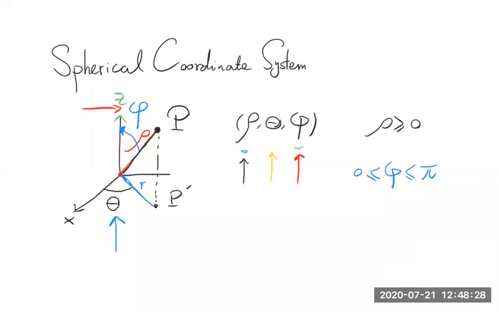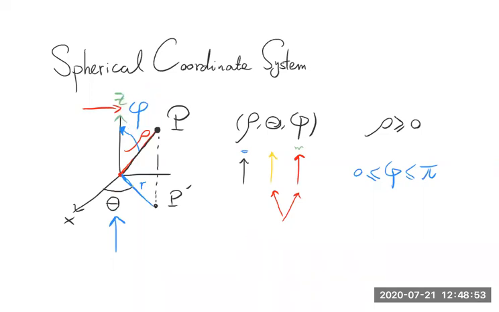Now that's in math literature. In the physics literature, they completely changed the order of theta and phi. So in math, when they write theta, they really mean this angle. The notation theta is for that angle. And if they write phi, they really mean this angle. The notation phi is for that angle.